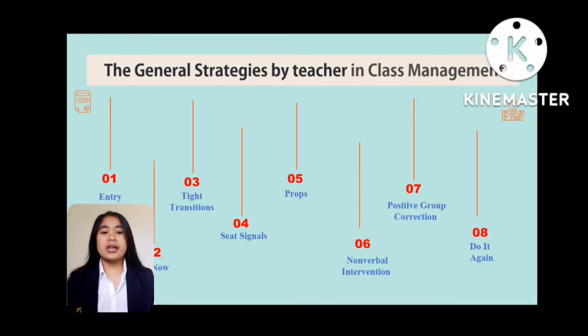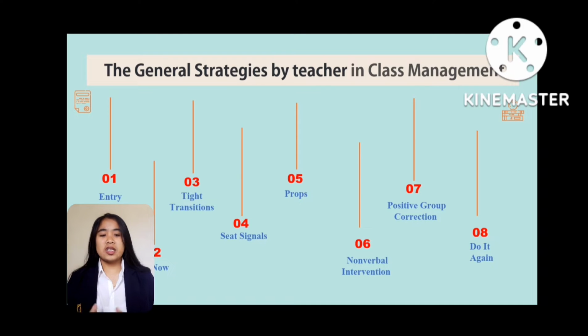It's a brief written activity that students are given as soon as they arrive in the classroom. The third is tight transition. It's a technique in which the teacher establishes transition routines that students learn and can execute equally and repeatedly without much direction from a teacher.